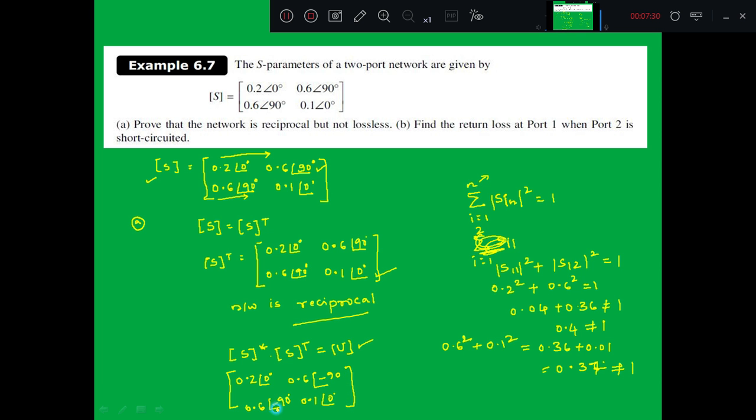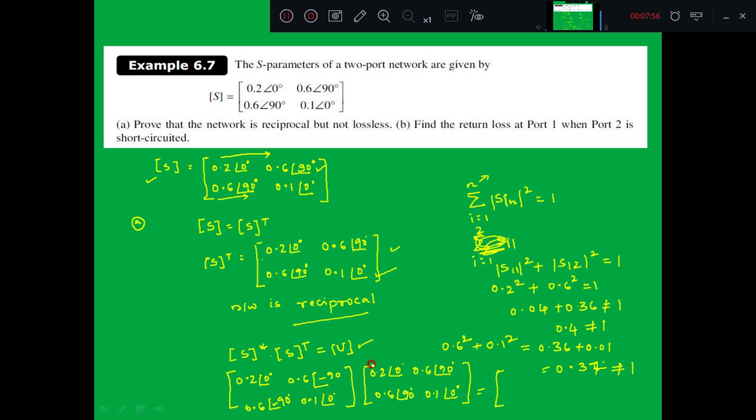So this is my S conjugate, and here is S transpose: 0.2 0 degree, 0.6 90 degree, next 0.6 90 degree and 0.1 0 degree. You multiply both these matrices.